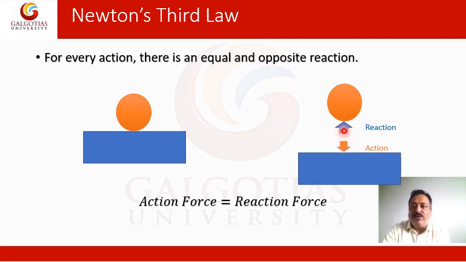So equal and opposite is the reaction applied by the tabletop on the ball. In order to differentiate action and reaction, I have used different colors, and basically they are balancing, they are in line with each other. So their magnitude and line of action have to be the same in order to have equilibrium, and hence we can say action force should be equal to reaction force, and that is Newton's third law of motion.